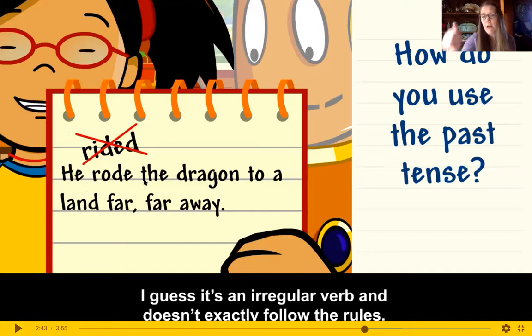Just because you're talking about past tense, the rule is that you add ed to the verb. So he ride the dragon, he rided would follow the rule, but we don't say rided. We say rode. So there are some verbs like that that are exceptions to the rule, and they're called irregular verbs.